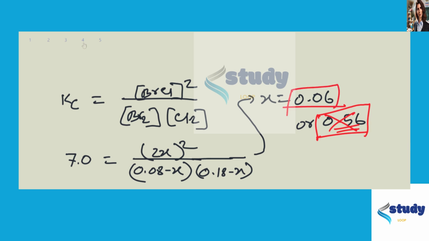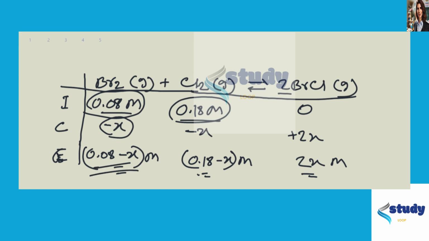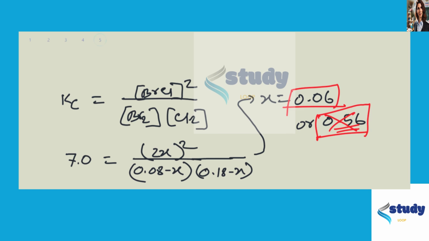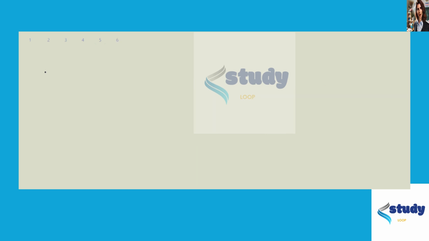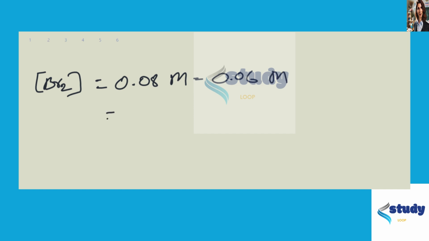Now just plugging the values into the equilibrium concentrations, we can find the equilibrium concentration for each of the reactants and products. The equilibrium concentration for bromine will be 0.08 molar minus 0.06 molar, which is the change, and it will be 0.02 molar.